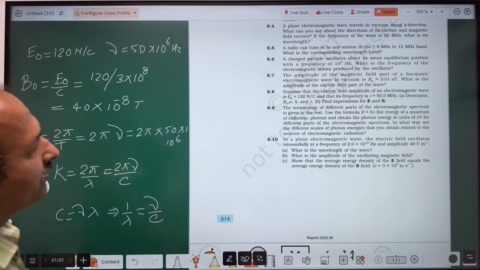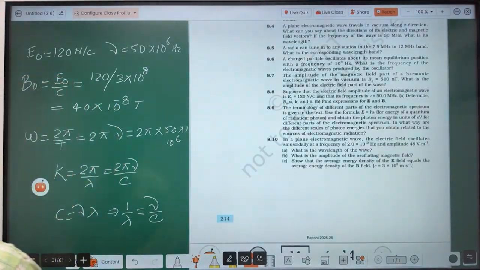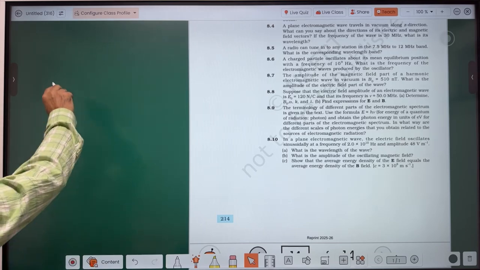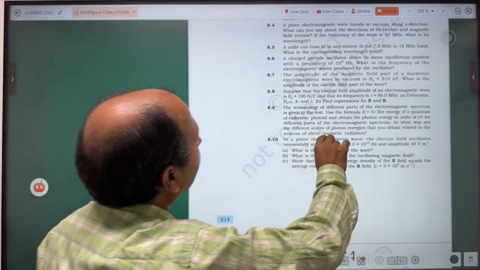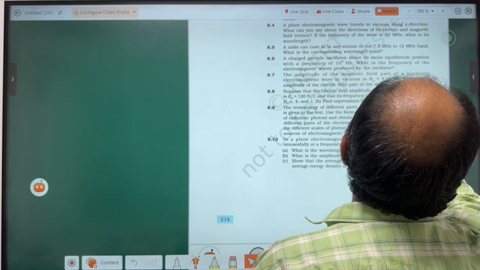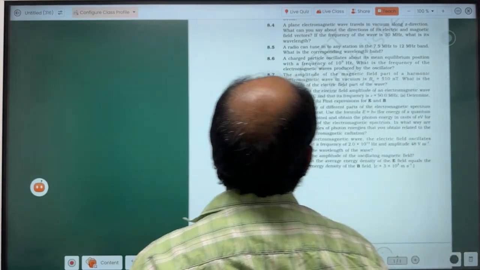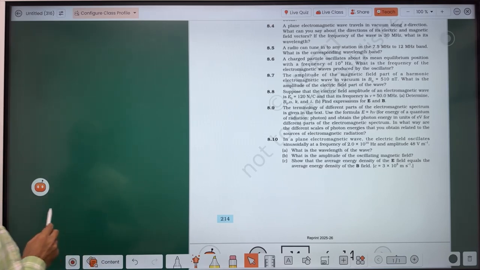So now the next point is to find the expression for E and B. So here, suppose the electric field component is given, and the direction is not mentioned.